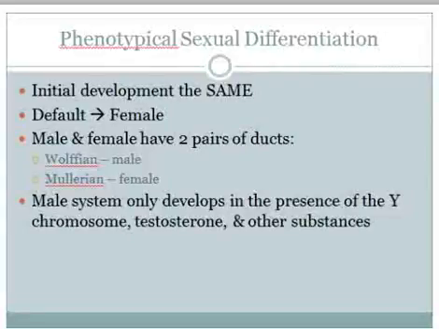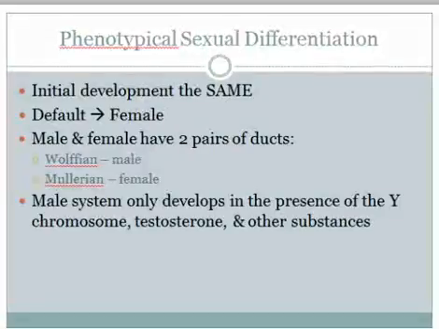If that piece is not present, then automatically we're going to end up as a female. And then if that piece is present, along with appropriate testosterone production and testosterone receptors, then we will end up as a male.